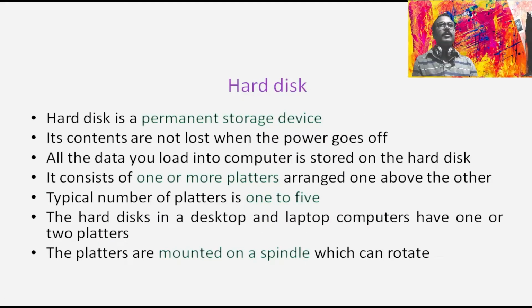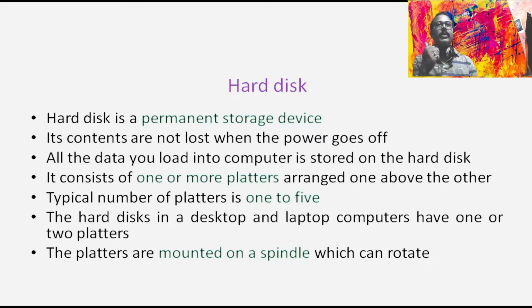Hard disk. Hard disk is a permanent storage device. Its contents are not lost when the power goes off, so it is non-volatile in nature. It is called a permanent storage device because once you write the content, it will be there. If you want, you can change the content.